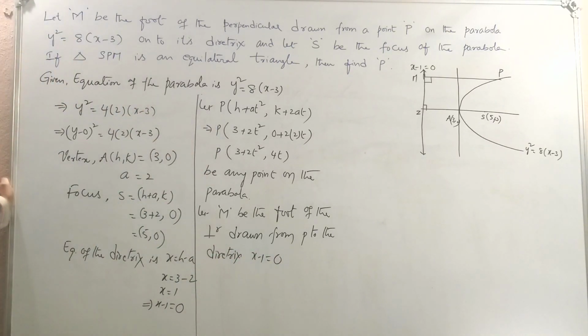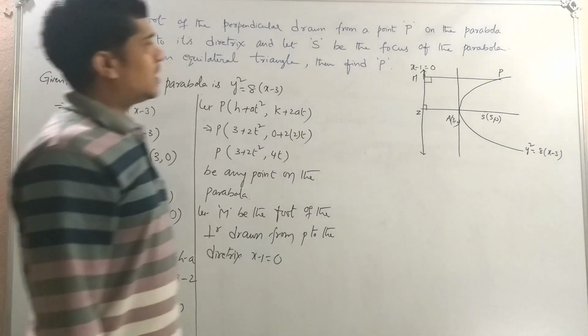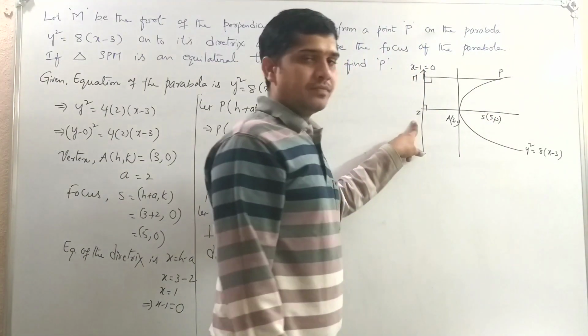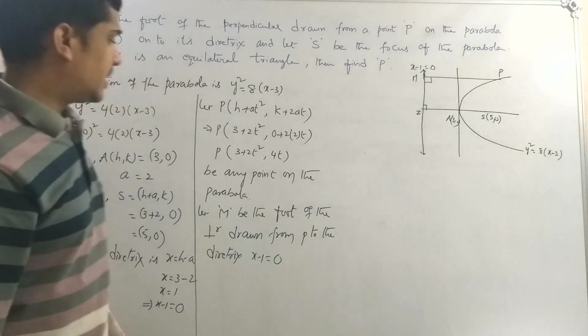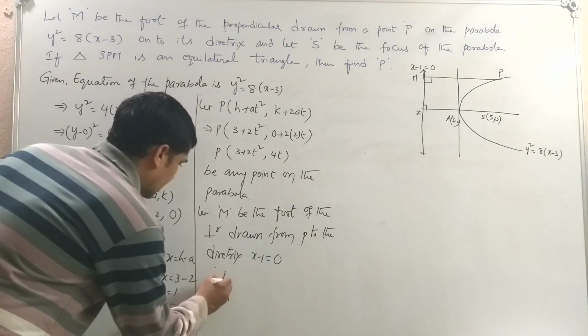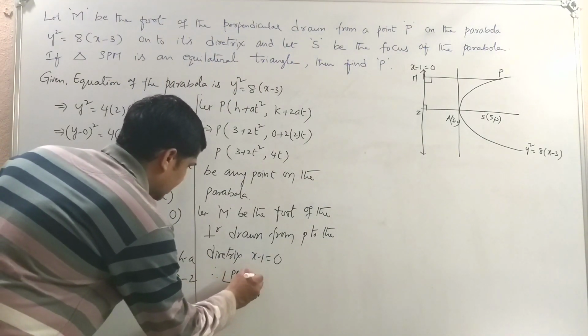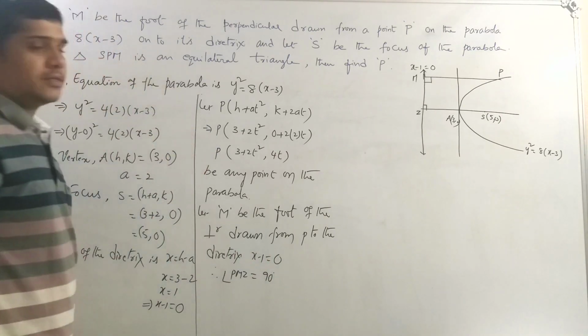Whenever it is the foot of the perpendicular, then definitely angle PMZ is equal to 90 degrees.